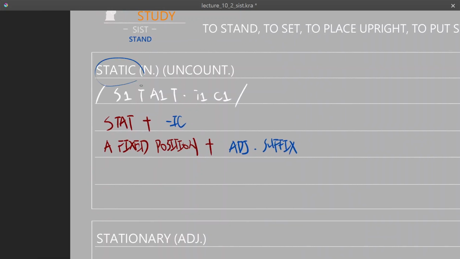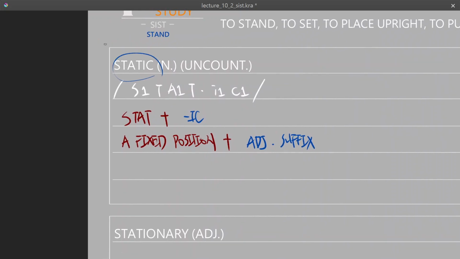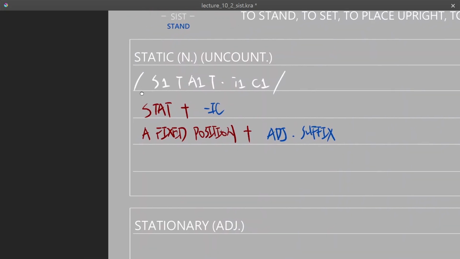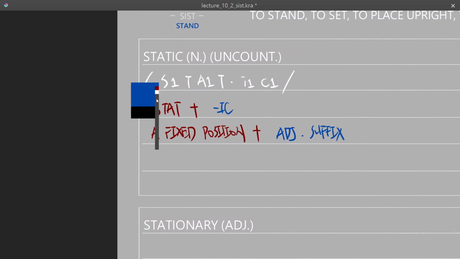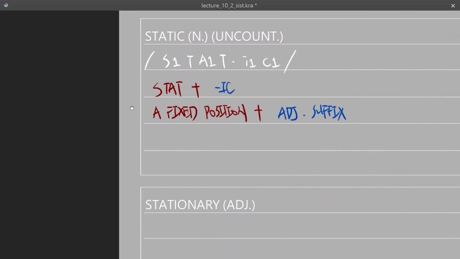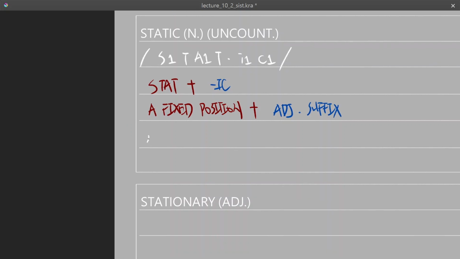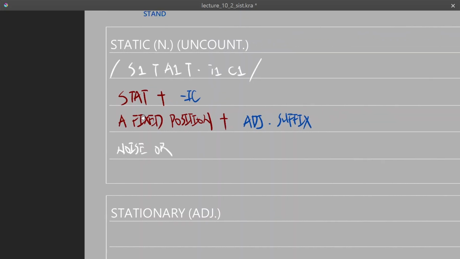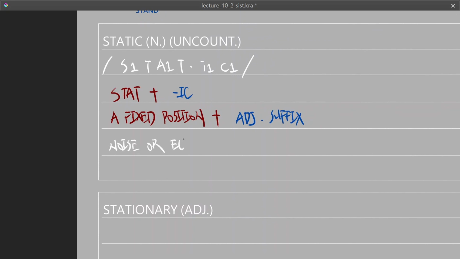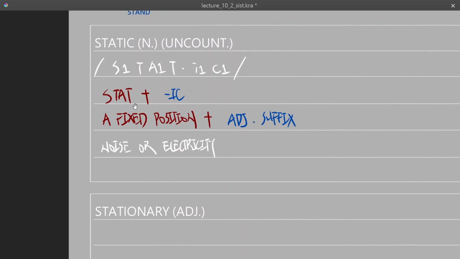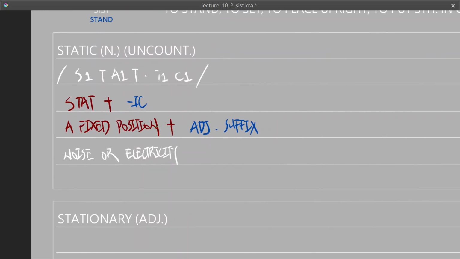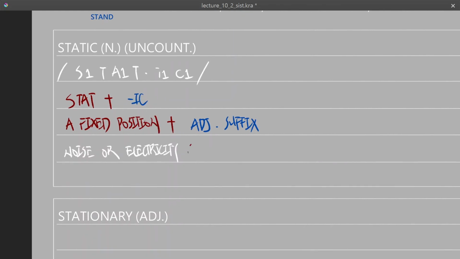The word itself could be used as a noun. So it means something, specifically noise or electricity, at a fixed position.